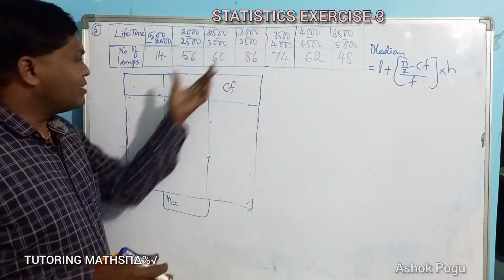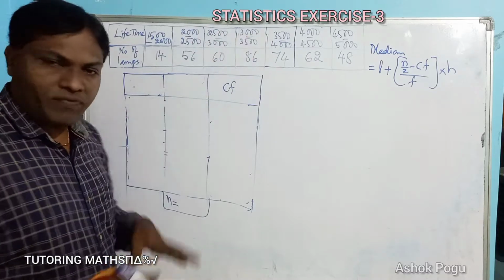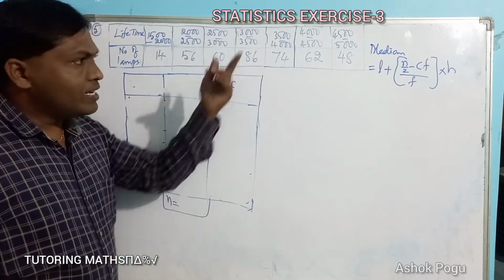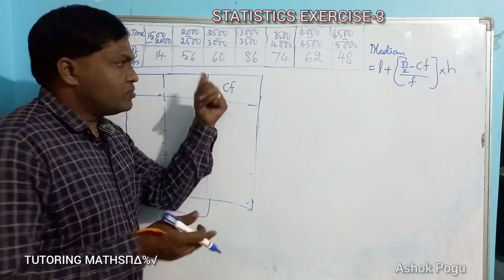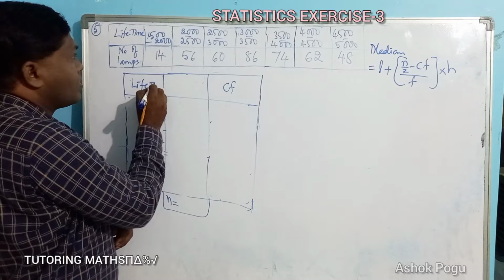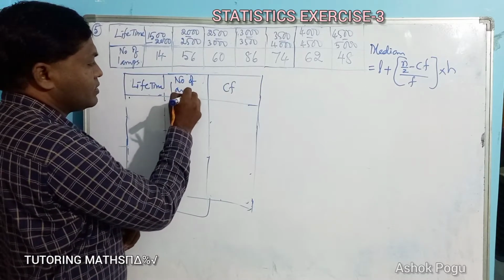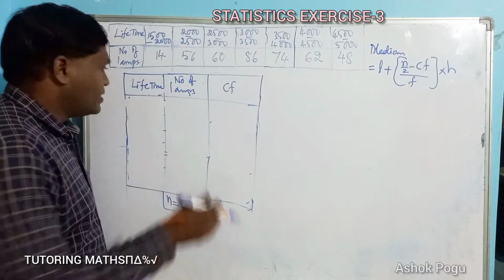Let us convert these into columns. The given data should be classified into columns, and then we have to find the median. Very easy. Here lifetime, and next number of lamps, and cumulative frequency.